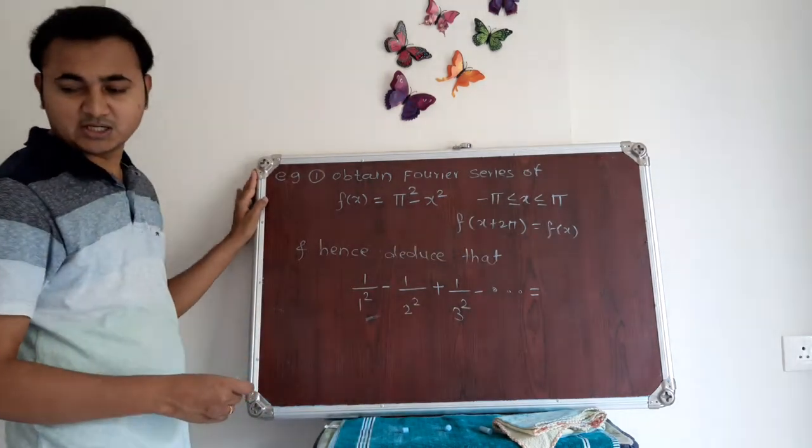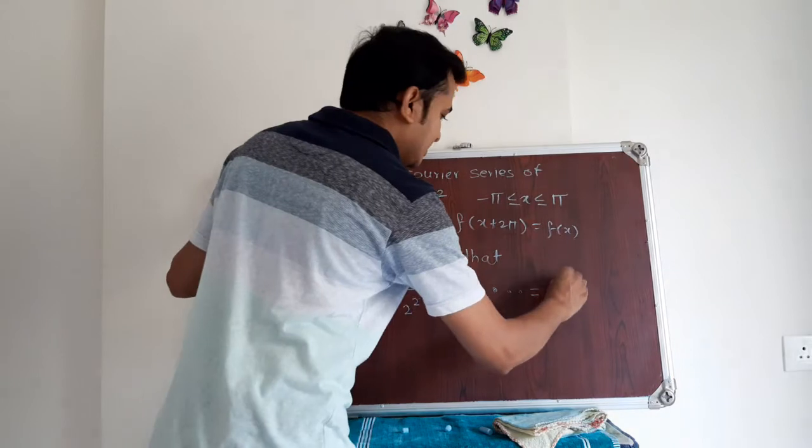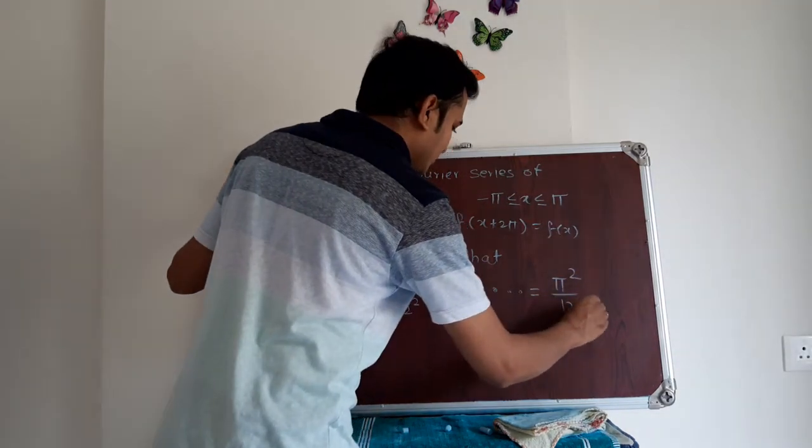This is an infinite series, there are infinitely many terms, and the sum of this infinite series is pi square by 12, that we are supposed to show.